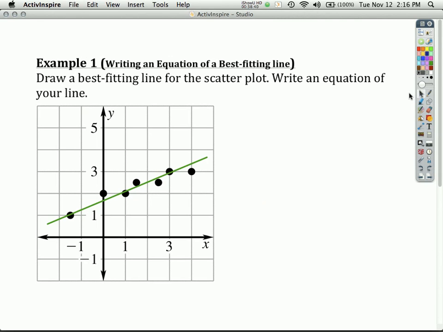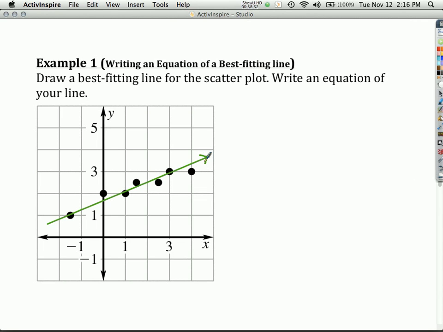It's, again, not perfect, but it's pretty good. And the line is going to go on forever, so I'll put arrows on either end. So now I've got my line of fit, my best fitting line.